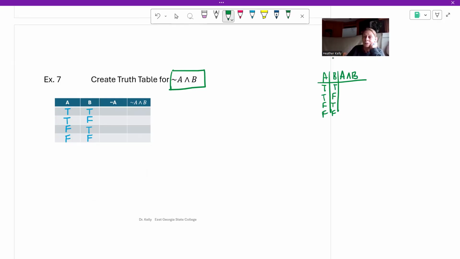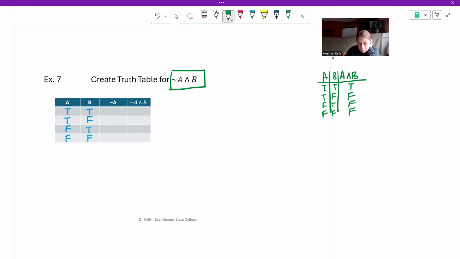This means the intersection. If it's true in A and true in B, it's in the intersection. If it's in A but not in B, it is not in the intersection. If it is not in A and it is in B, it is not in the intersection. If it is not in A and not in B, it's definitely not in the intersection. So there's the table for that guy.